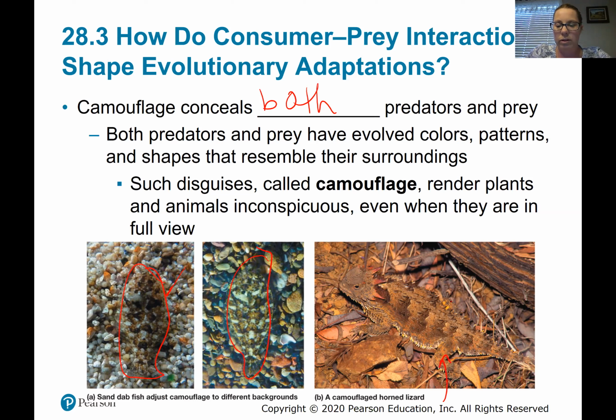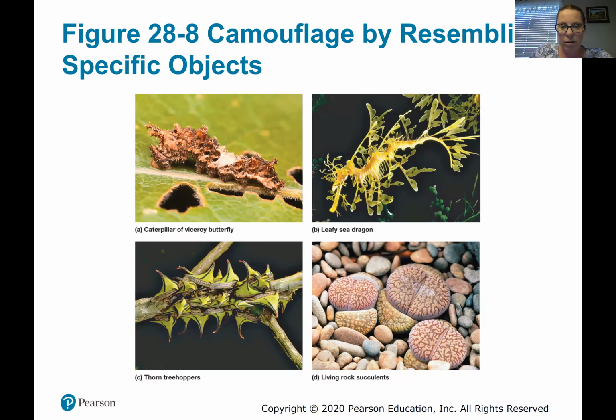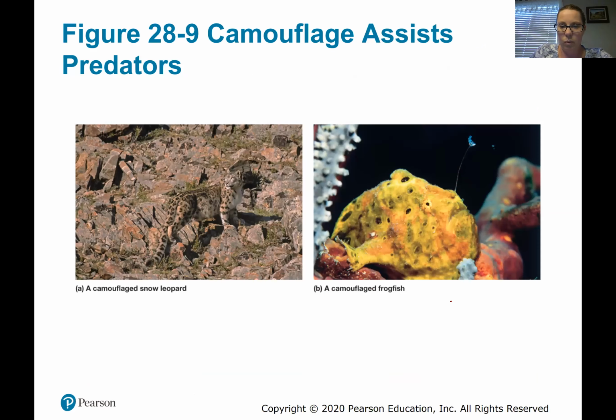Here's a horned lizard blending in with its surroundings to basically hide from predators. Predators can also hide as well. So here's a snow leopard hiding very well. This is a frogfish. It's hiding. It's supposed to look like a sponge. It's pretending it's a sponge, and then when prey comes by, it will snap out and grab it.